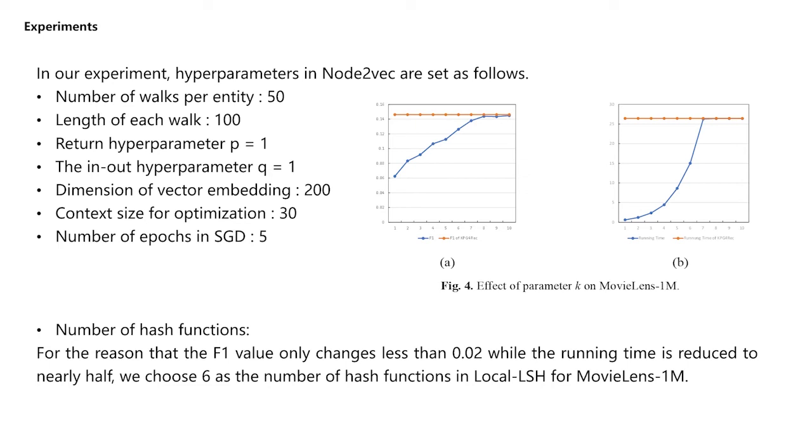Number of walks per entity n equals 50, length of each walk L equals 100. The return parameter p is 1 and the in-out hyperparameter q is 1. The dimension of vector embedding d is 200. Context size for optimization is 30 and the number of epochs in SGD is 5.